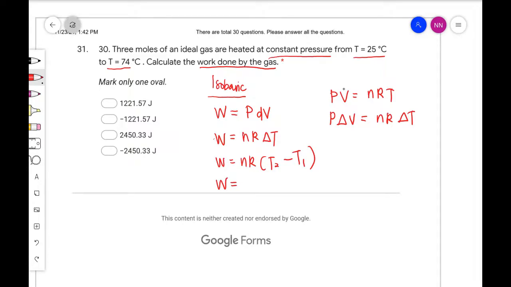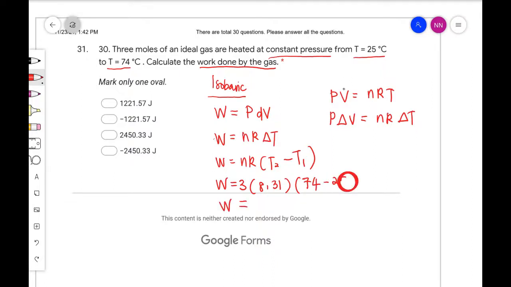So n is the number of moles, which is 3, and R is 8.31, and T2 is 74, and T1 is 25 degrees Celsius.